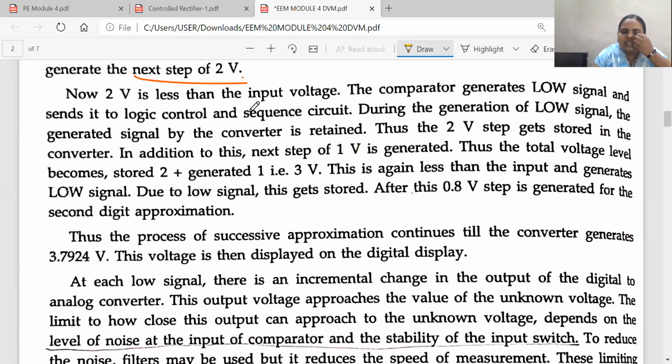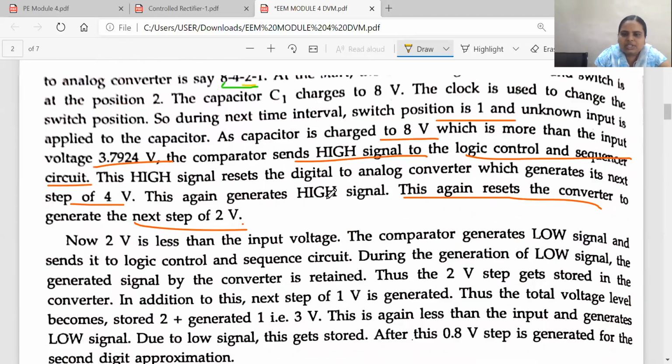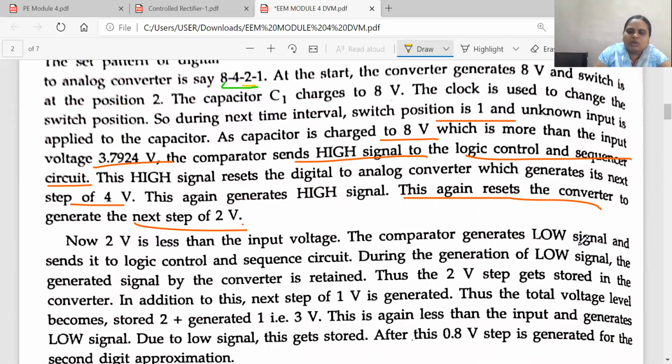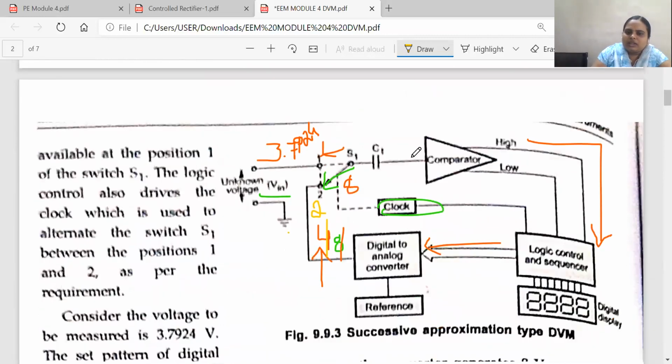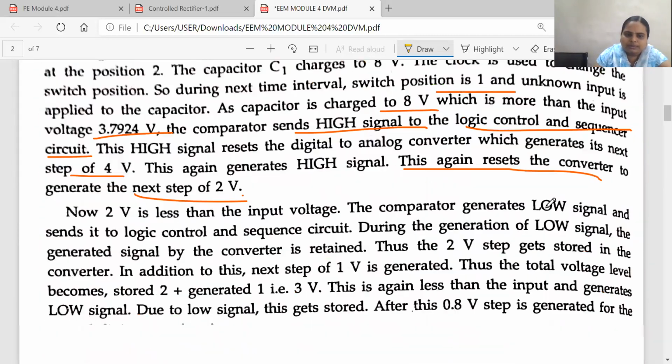Now the 2 volt is less than the input voltage, so the comparator generates a low signal. Our 3.7 is higher than 2, so a low signal is generated and given to the logic control and sequencer.